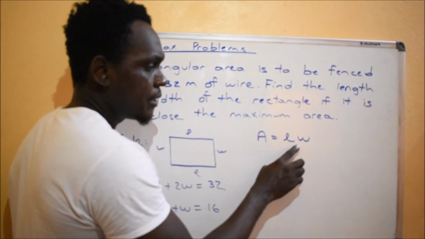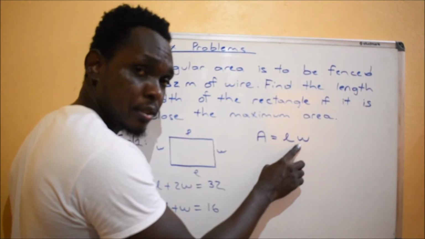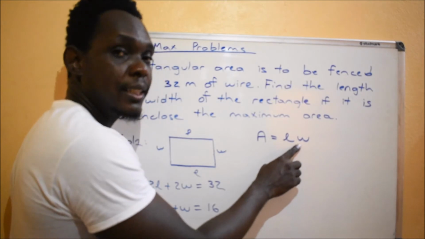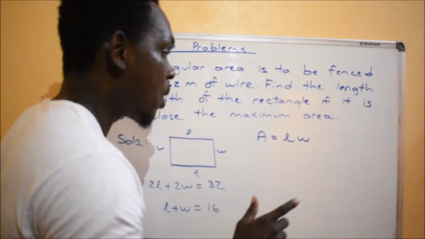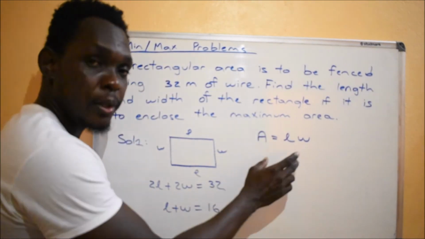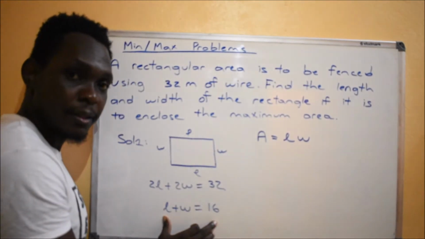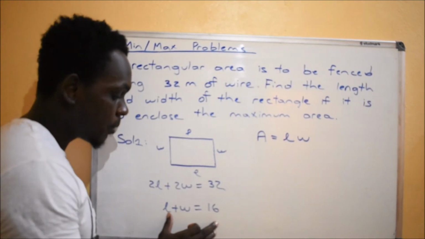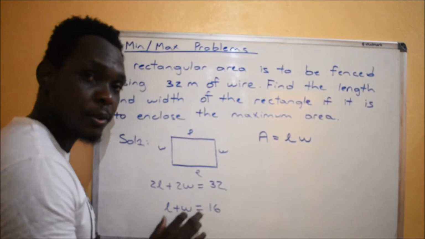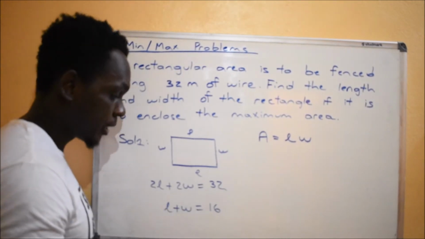However, if you notice, it is in terms of two variables. Now we need to get it in terms of one. So we're going to come back here and make one of these, L or W, the subject of the formula.